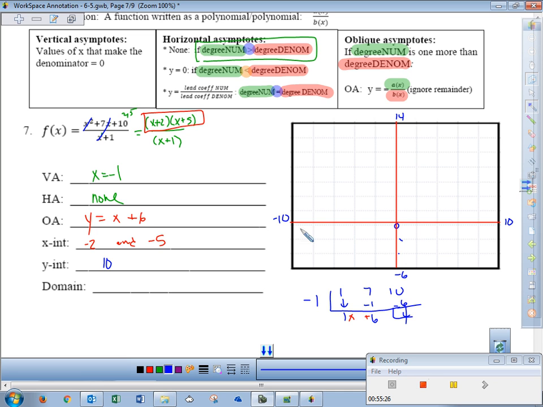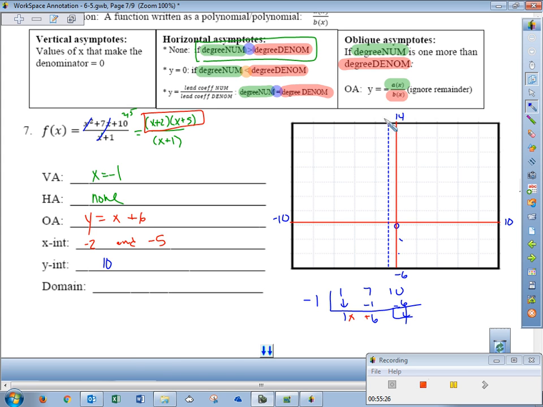Asymptotes, next. X equals -1. Use a different color, please. And I've got an oblique asymptote, so I've got to be careful about this. I've got to start at 6. So here's 2, 4, 6.